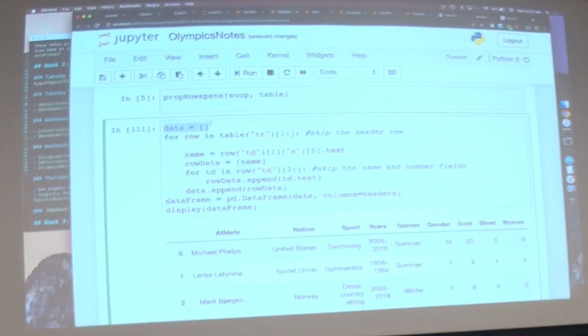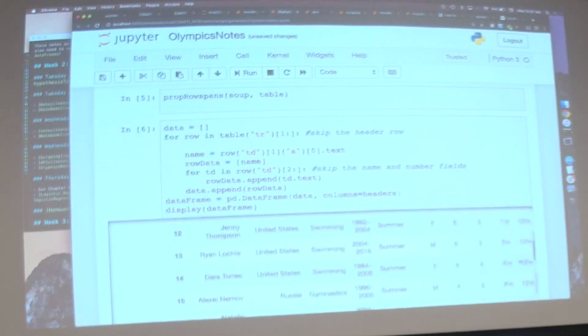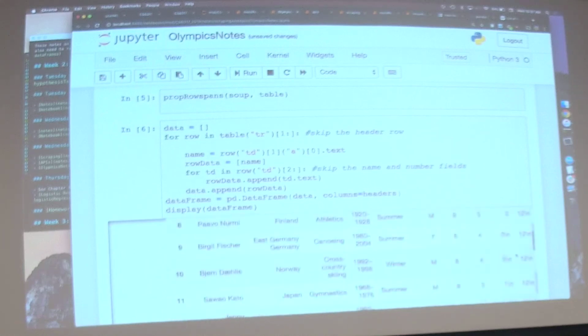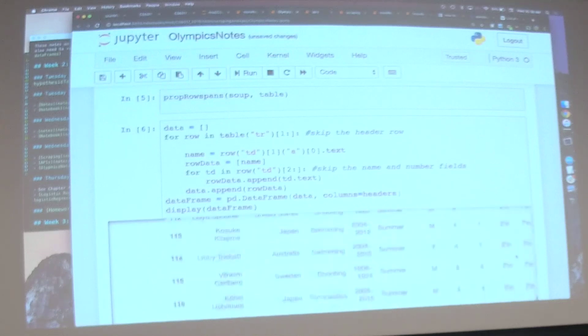I'm going to make a list of rows, and then each row is just going to have all the fields for that row. And now that I've done this propagate row spans thing, each one should have the same number. And so I have all these rows of data. I'm going to make a data frame out of it. And then I grabbed the names of each row because it was the table header. And so at this point, I can actually put everything in a nice data frame. Not perfect. I have these new lines in here that are kind of obnoxious. But the data looks pretty good.